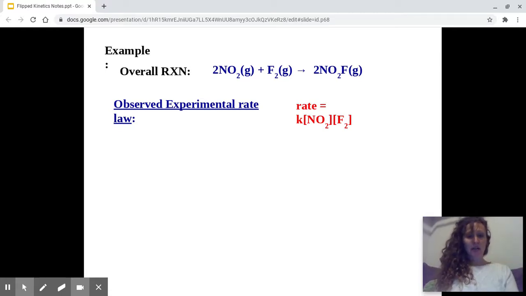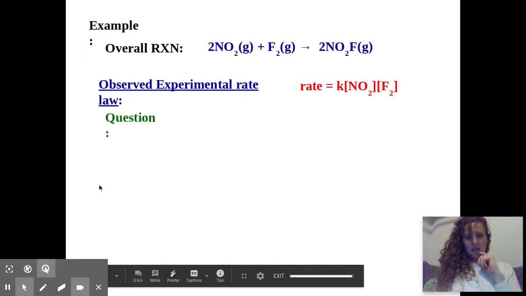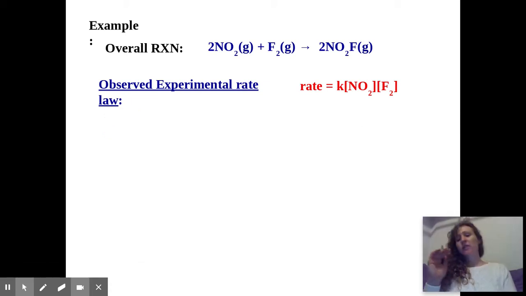You have your overall reaction here at the top. You have your observed rate law off of this reaction. Okay, and what we want to do is evaluate what kind of mechanisms could possibly be true and what kind of mechanisms could not possibly be true.